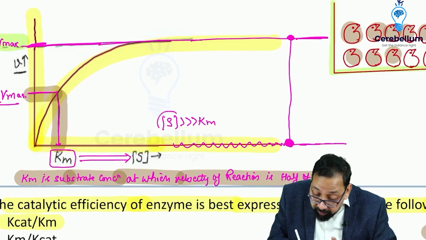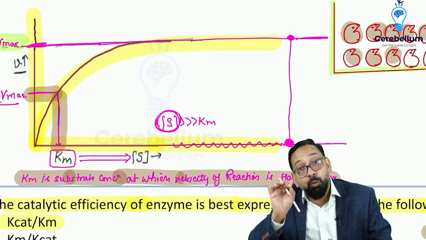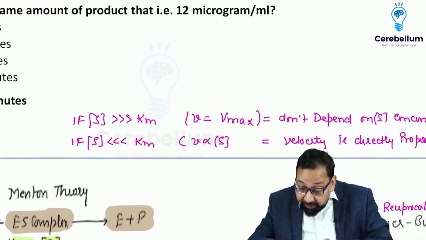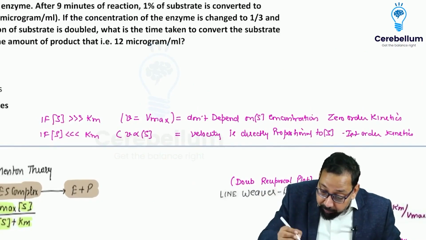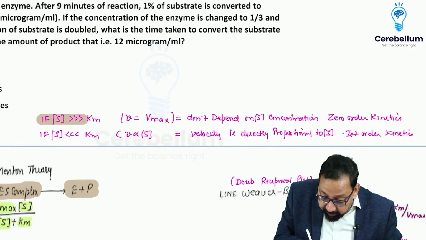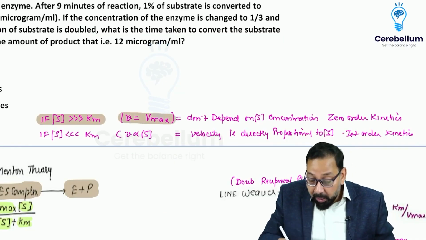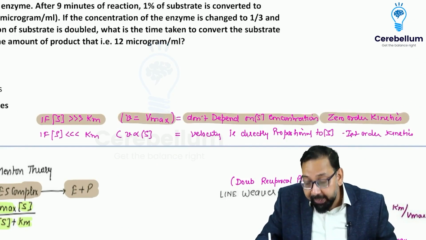If substrate concentration is very high, velocity would be constant at Vmax. And if velocity is independent of substrate concentration, that is called zero order kinetics.